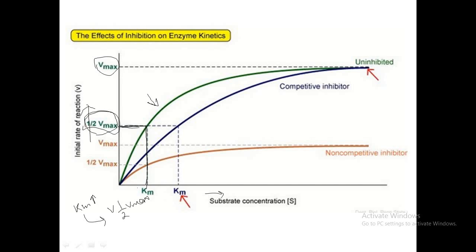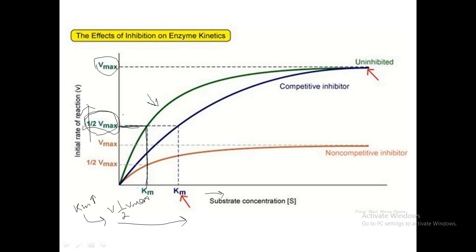Now what happens when a competitive inhibitor is present? In that case we are increasing the concentration of substrate, since we have to increase the substrate concentration to reach the same Vmax.